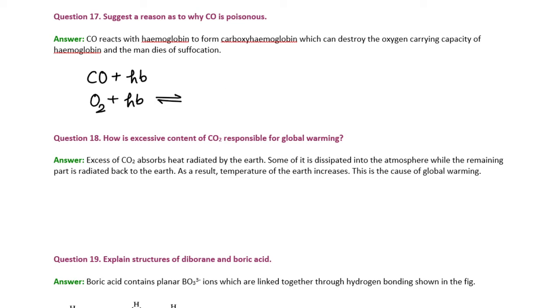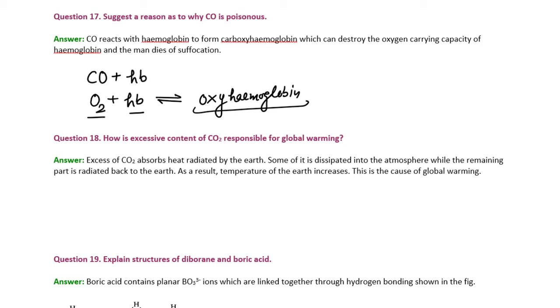Oxyhemoglobin is formed like this: oxygen combines with hemoglobin to give oxyhemoglobin, and then that oxyhemoglobin converts back into oxygen and hemoglobin in the tissues, and therefore oxygen is supplied to the tissues.